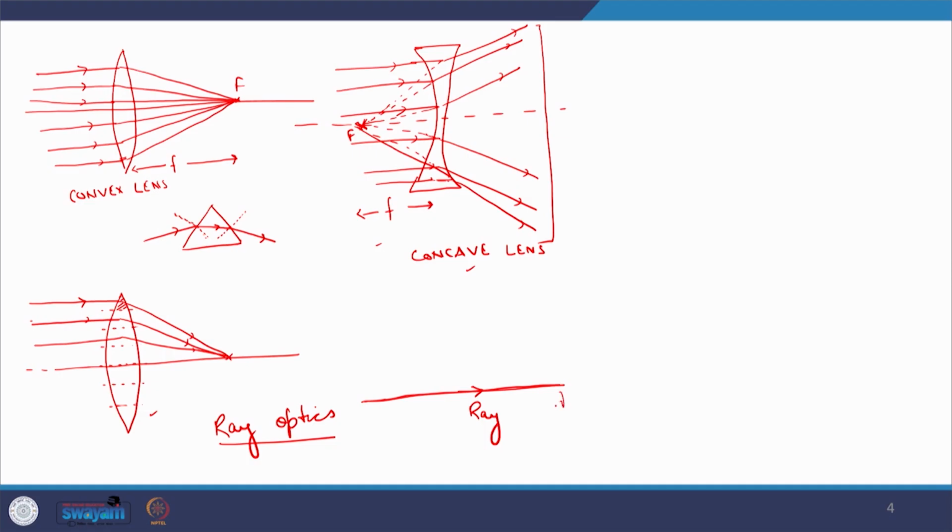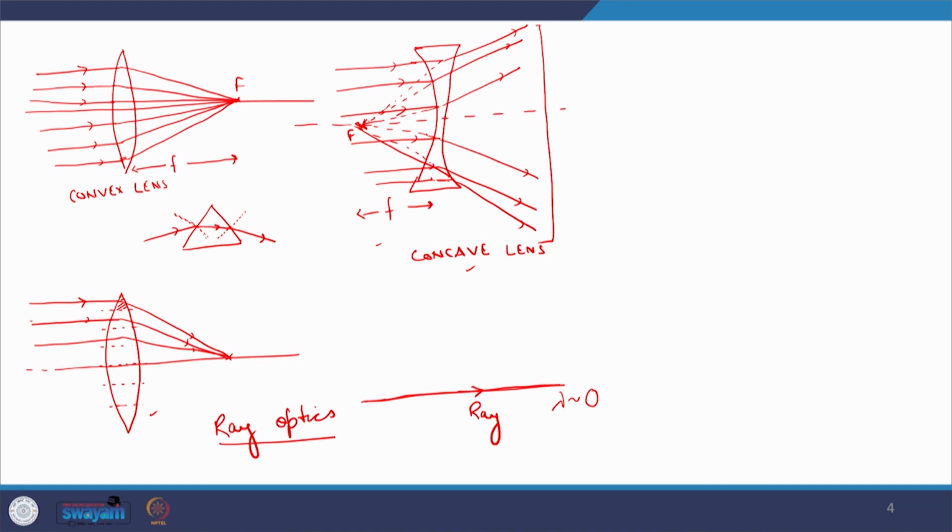Here we have assumed that wavelength is almost equal to 0. This can be assumed in cases where all the optical instruments are very large compared to wavelength, and the lenses like these are very big compared to the optical wavelength.